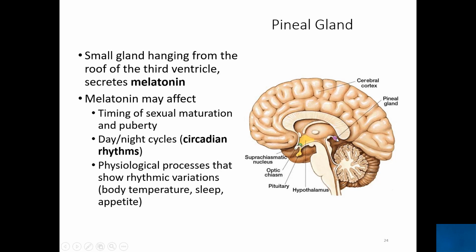How it works: when it becomes dark and our eyes sense it, the signal goes to the pineal gland, and the pineal gland starts producing melatonin, so we feel sleepy during the dark time of the day. When it's light, production of melatonin stops. Melatonin also can influence some physiological processes like body temperature and appetite.